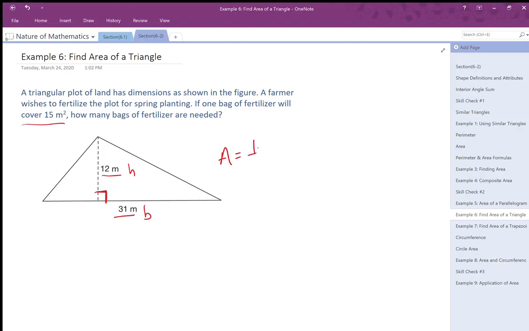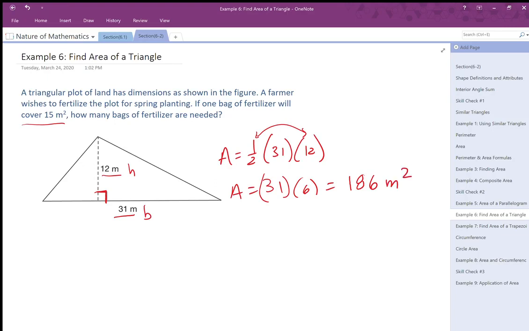Area is 1/2 base times height. Area equals, I'm going to multiply 1/2 by 12 and get 6. So it's 31 times 6, which is 186 meters squared. One bag will cover 15 square meters, so 186 divided by 15.